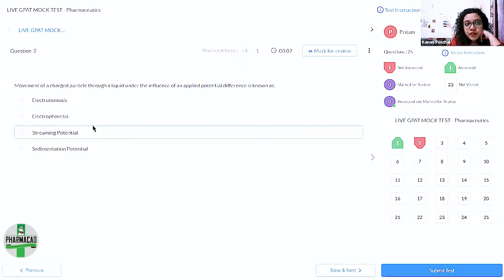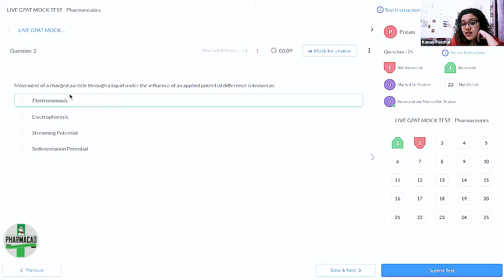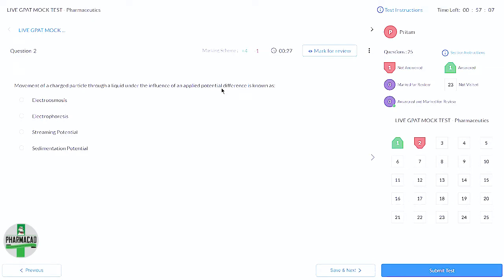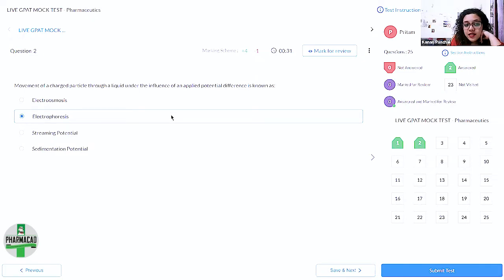All right. So now this is what we've discussed in class. Movement of a charged particle through a liquid under the influence of an applied potential difference is known as what? Anuja. Electrophoresis. Good. The answer is electrophoresis. What happens in streaming potential and sedimentation potential?